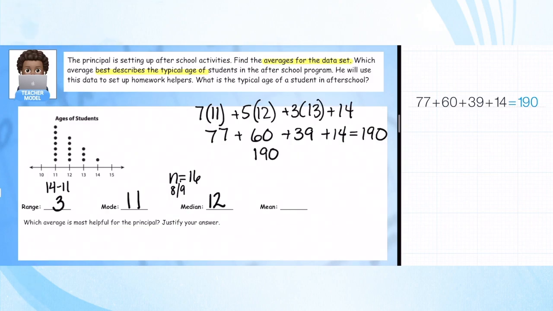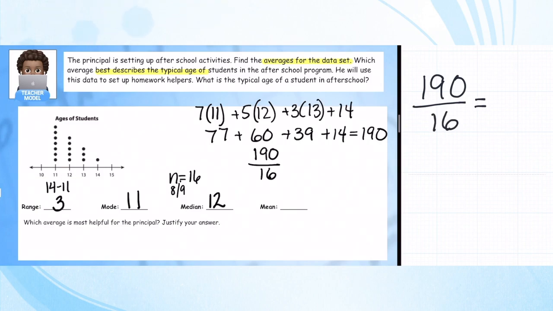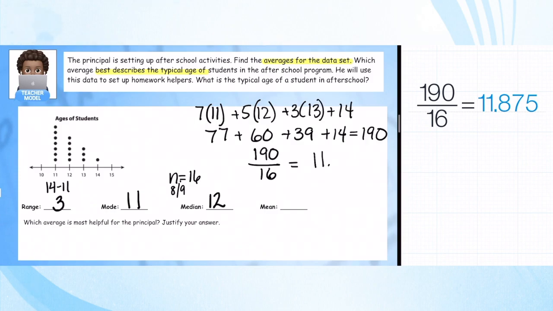And we're going to divide that by 16. That gives us an average age of 11.875. Let's round it to the nearest tenths place: 11.8 years old.